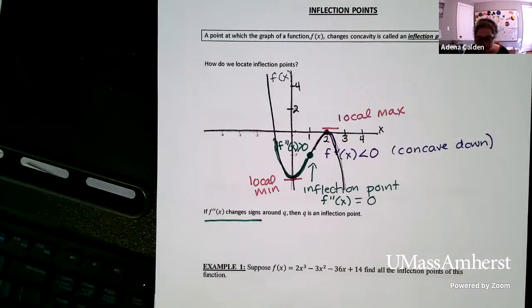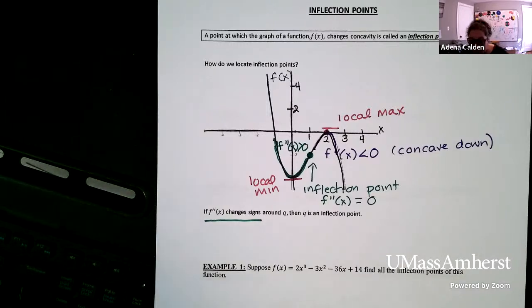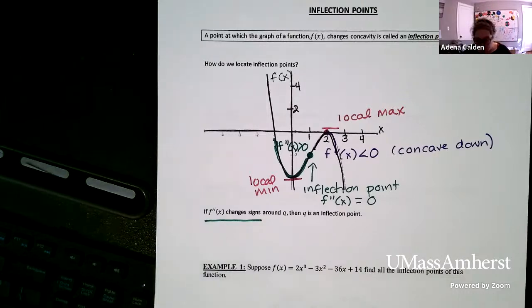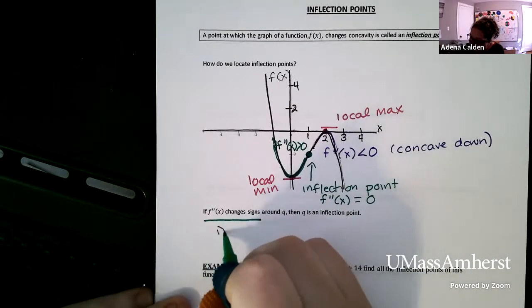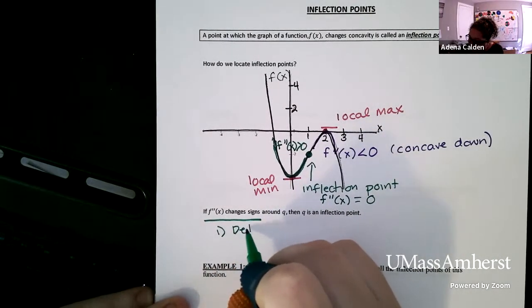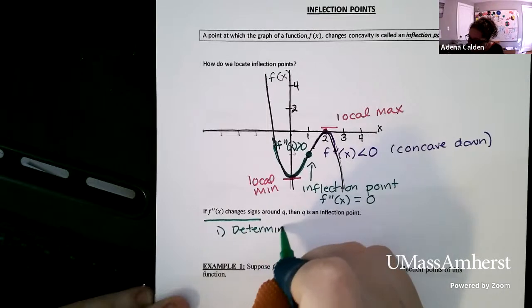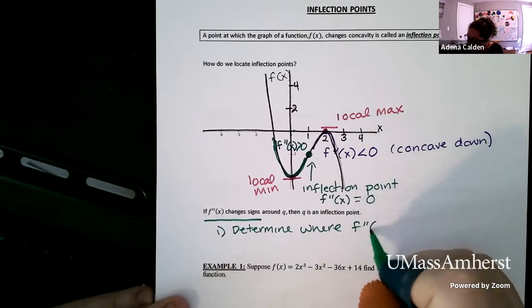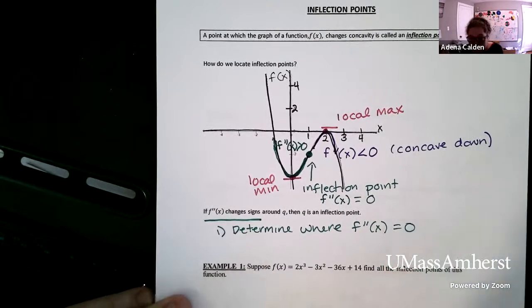So what does this process look like? The majority of the time we will be doing this algebraically. We will look at a bunch in the beginning that are all algebraic, and then we'll look at what that might look like if it's not algebraic. But our steps are going to be to determine where the second derivative equals 0.